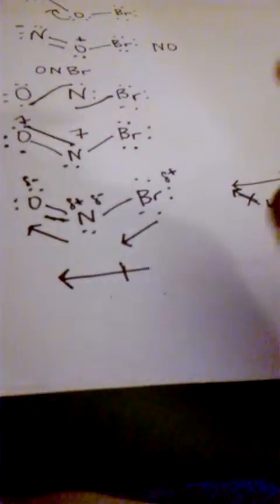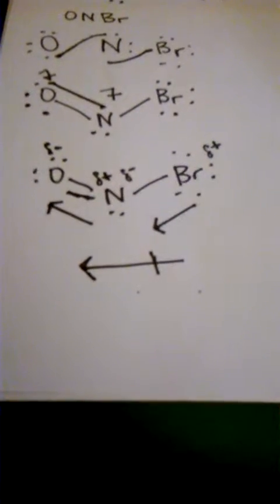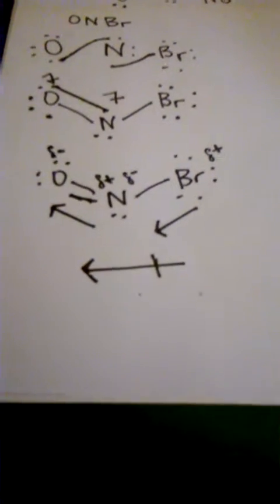And also, if you want to get super technical, the distance between these 2 atoms is going to be a lot longer because bromine is a period 4 element, and its valence electrons are way far away from its nucleus. And this double bond is going to be a lot shorter than the single bond, because the attraction is stronger between these 2 atoms, and also because these are period 2 elements that have electron distributions closer to the nucleus and stuff like that.